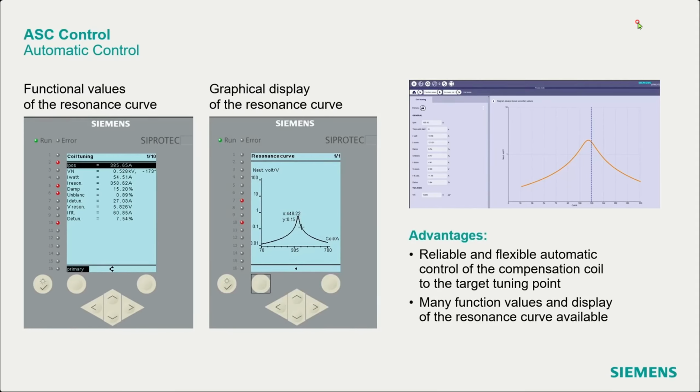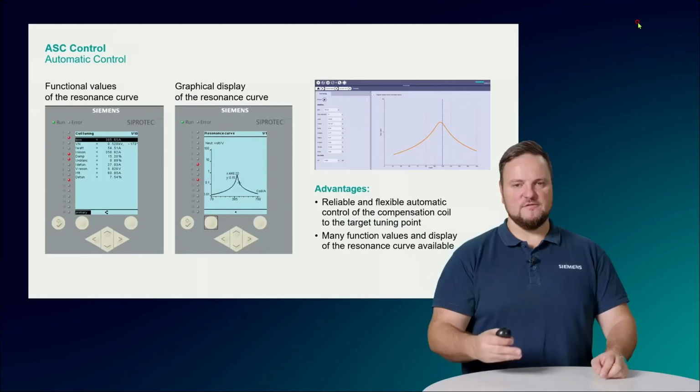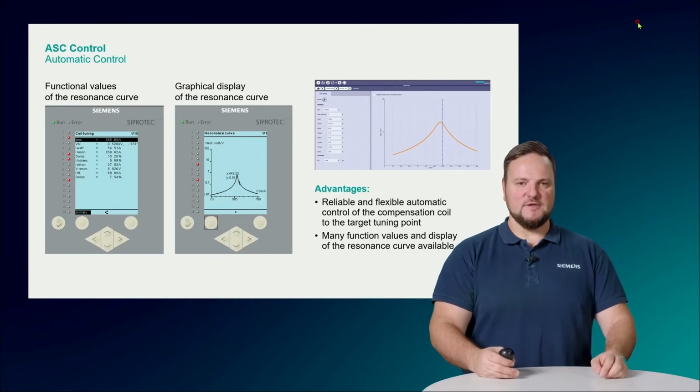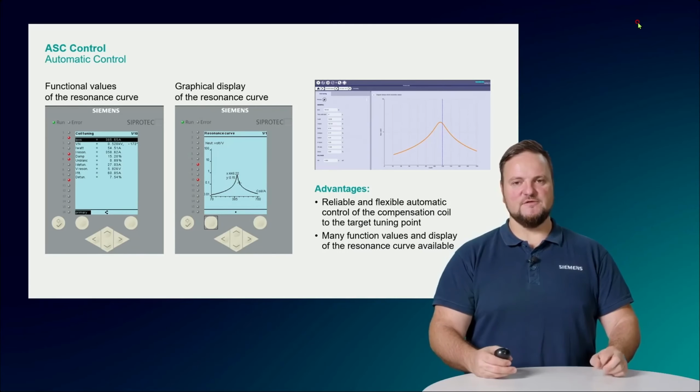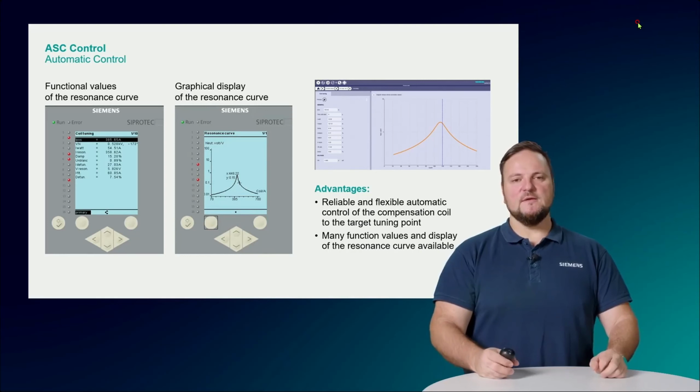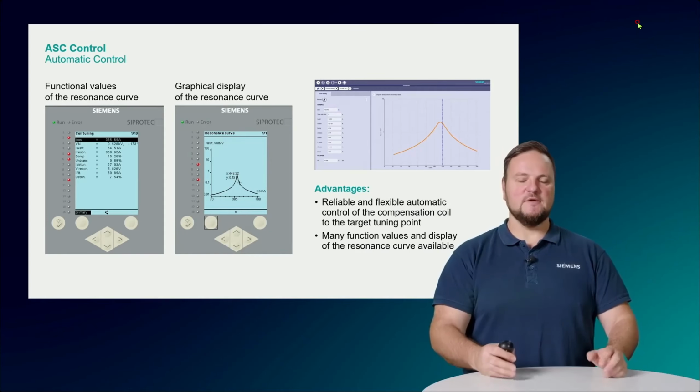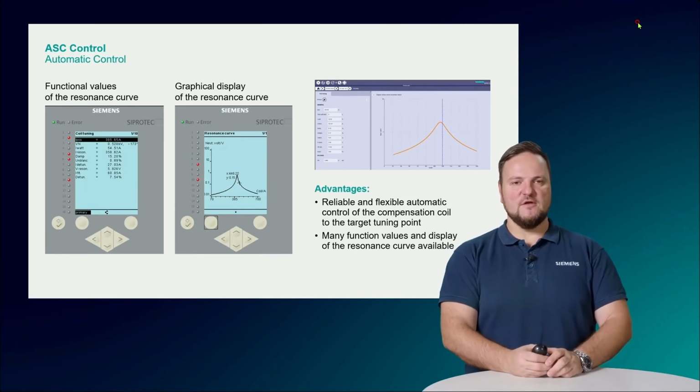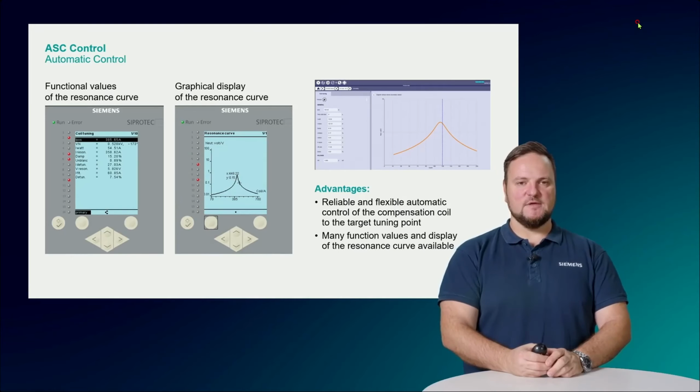The advantage of this is that it makes the automatic control very flexible, and especially during commissioning, you have the possibility to see where the resonance point in the grid is and where our actual target compensation point, the target tuning point, is. And one additional thing: on the left-hand side of the HMI, you can see that we also spent a lot of attention to provide a lot of values and information.